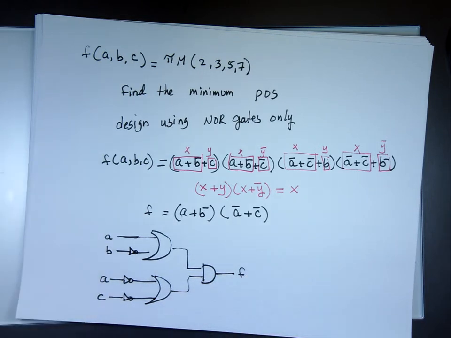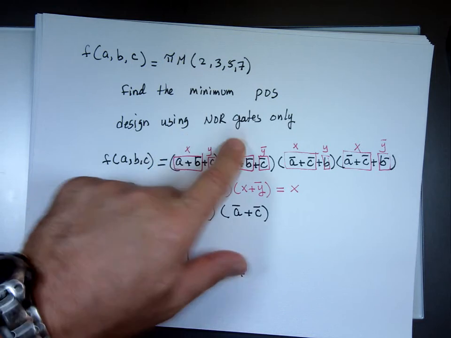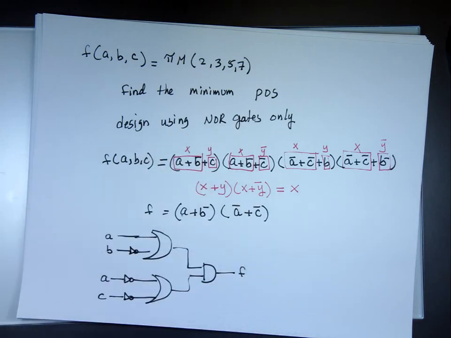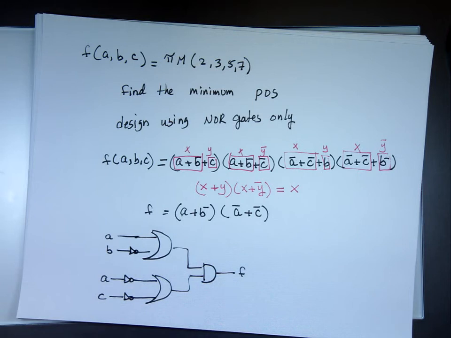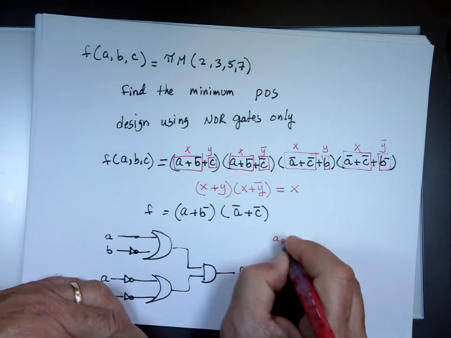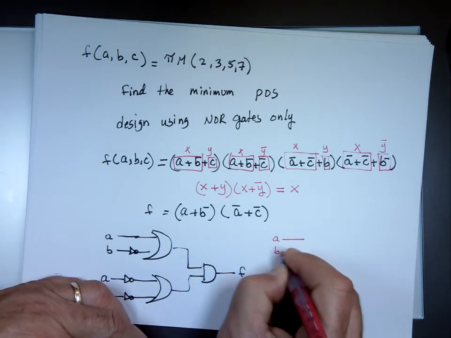And I'm saying, I don't want you using NOT gates, OR gates, AND gates. I want you to use only NOR gates. You design using NOR gates only. So we have to take care of that. One of the things I know is that I can make a NOT gate out of a NOR gate. So that's not a big deal. How do we do that?